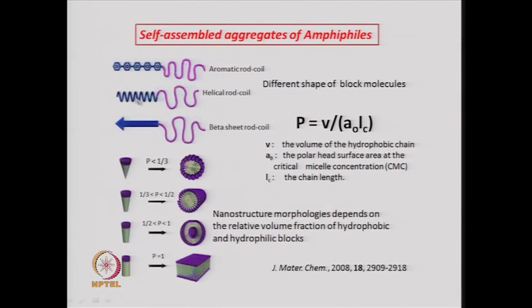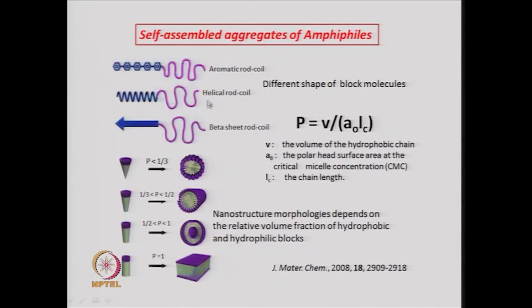This is a helical rod and a coil. This is a beta sheet; like in proteins you can have the alpha helix and the beta sheet, depending on how the binding is between the various peptide linkages. So, you can get different kinds of aggregates based on these kinds of monomers.